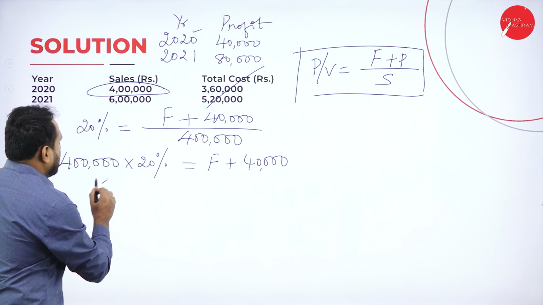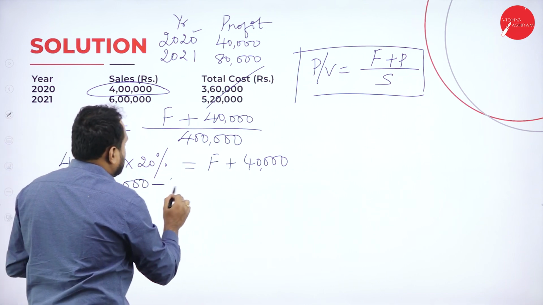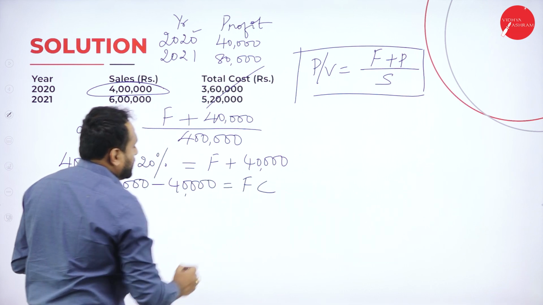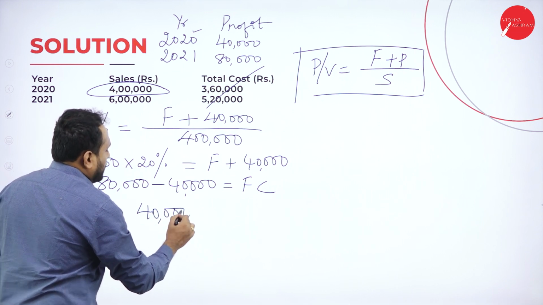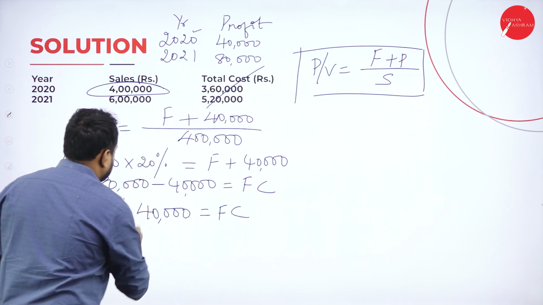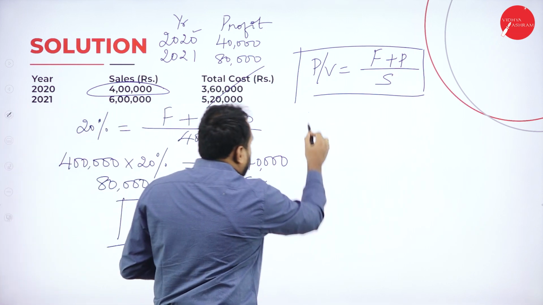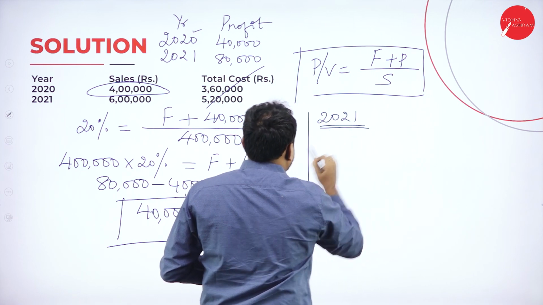Here I'll have 80,000. This 40,000 will come here, minus 40,000 is equal to fixed cost. Now how much did I get? 40,000 is equal to fixed cost. So my fixed cost is 40,000.